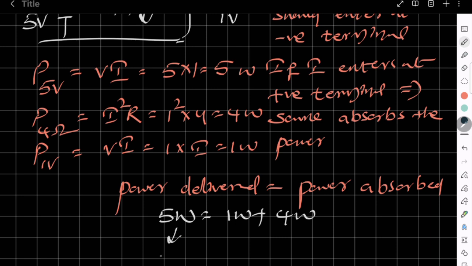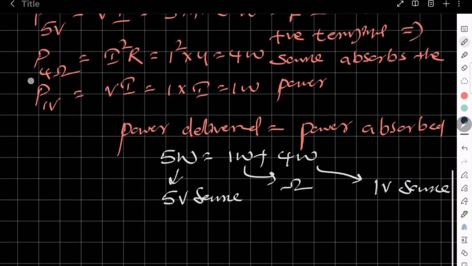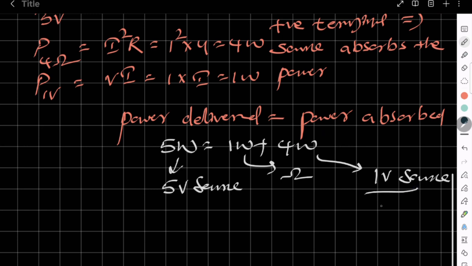The 5 watts is by the 5 volt source, and the 4 watts is by the resistor, and the 1 watt is by the 1 volt source. So the surprising result here is that the 1 volt voltage source is absorbing the power. That is what you need to understand.